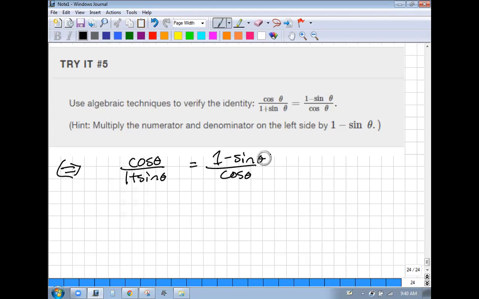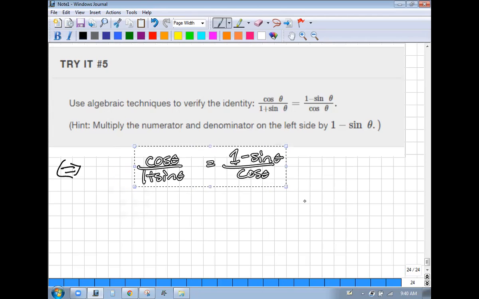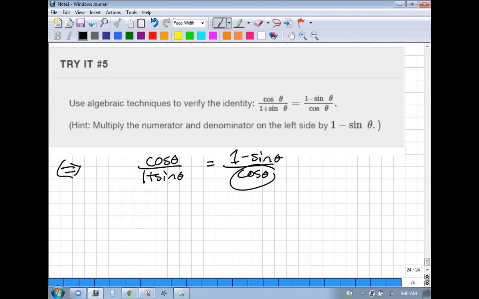And I might look at this and say, well, this one has a cosine on the bottom. Well, this one has a cosine on the top, and this one doesn't, right? So how about I multiply this thing by a cosine over a cosine? I could do that. I just multiplied by the number 1. And now I have a cosine on the top and a cosine on the top, right?